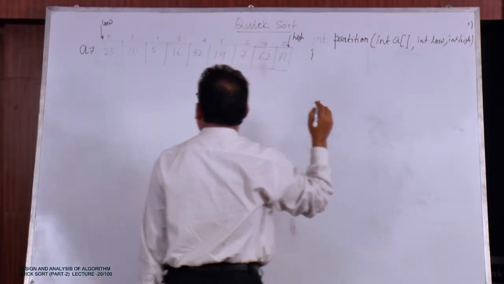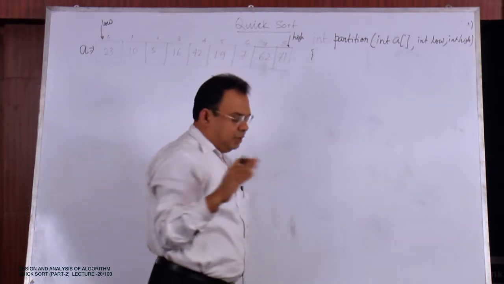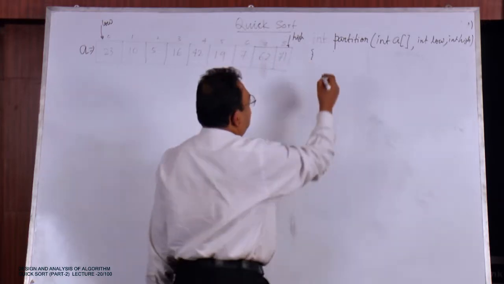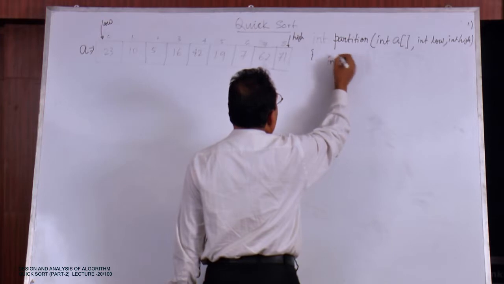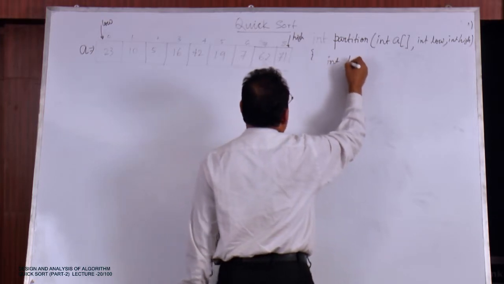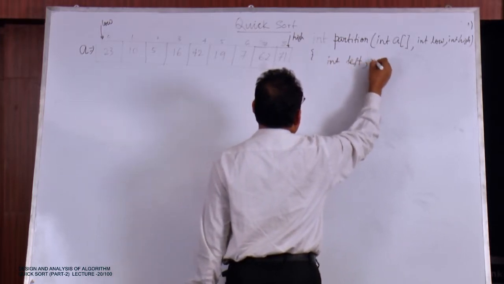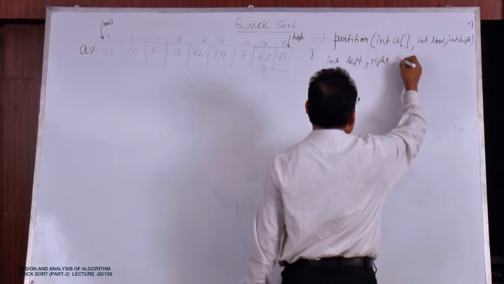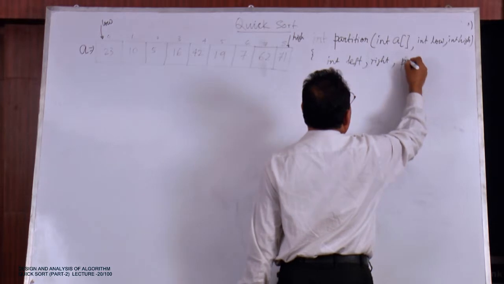To ensure that every element is examined, we are considering 2 local variables, left and right, and the pivot element, pivot.